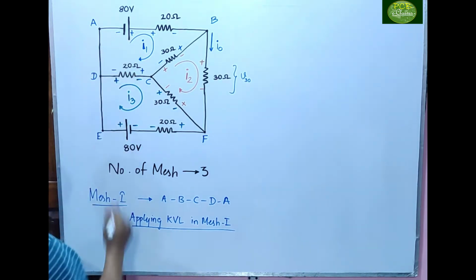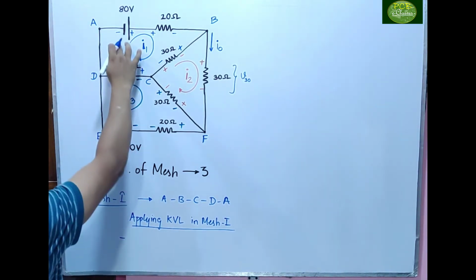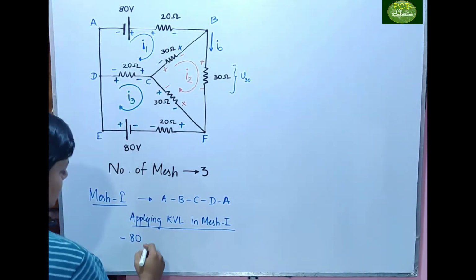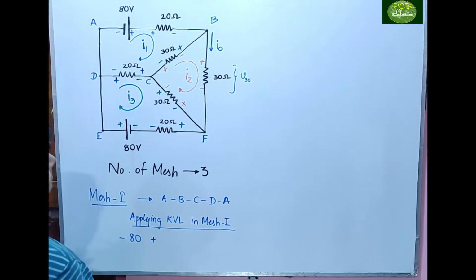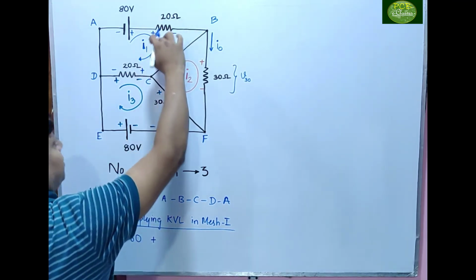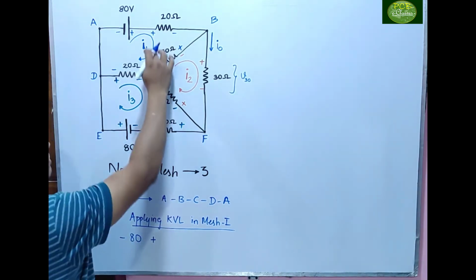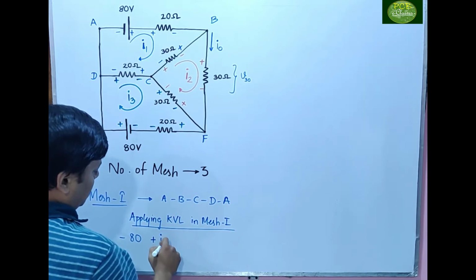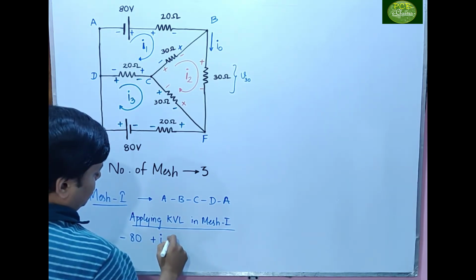In the first one, minus, what is the voltage? 80 volt. Clear? Next, it enters positive, so plus. Are two different currents flowing? No, only one current is flowing, that is I1. So I'll write I1 multiplied with 20.